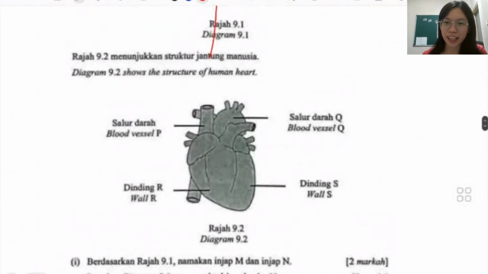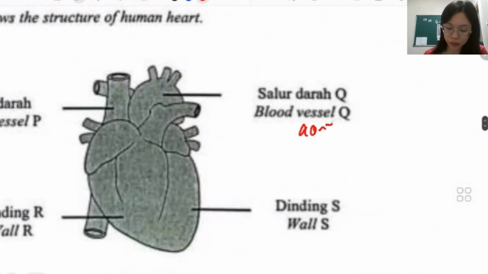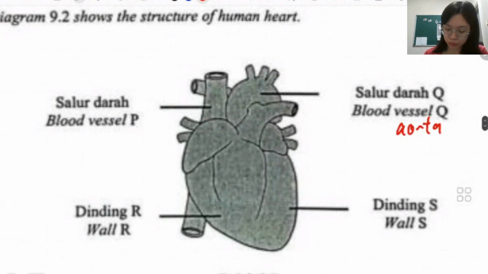So, blood vessel Q is what? It is an aorta. Initially this one is oxygenated blood, received from the lungs. So who is the one receiving it? What vein? Since it is received from the lung, it is the pulmonary vein.